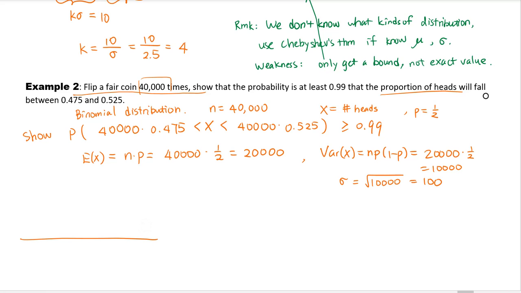So let's draw a picture. When you use the Chebyshev theorem, I strongly recommend you draw the picture. Remember, mu is in the middle, and then we have mu minus k sigma and mu plus k sigma.